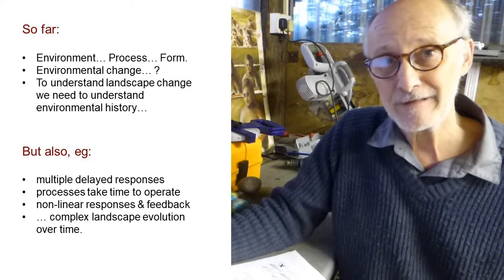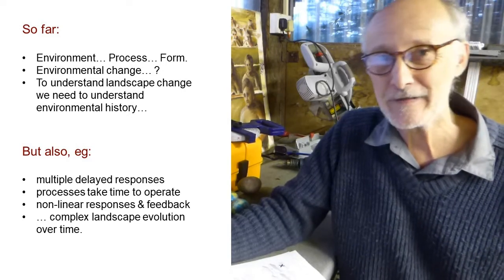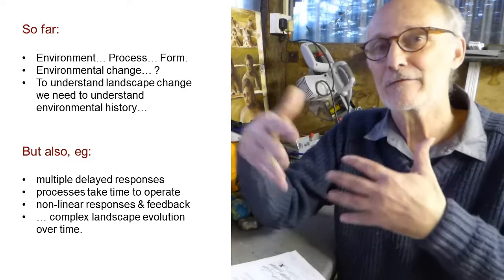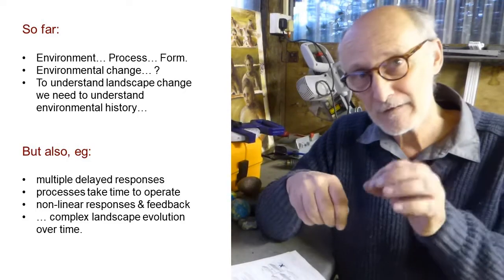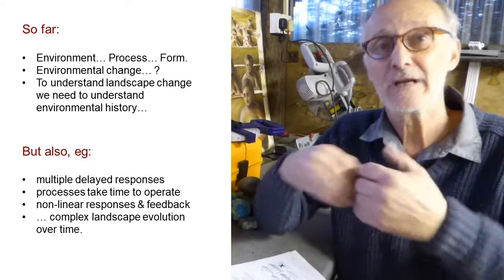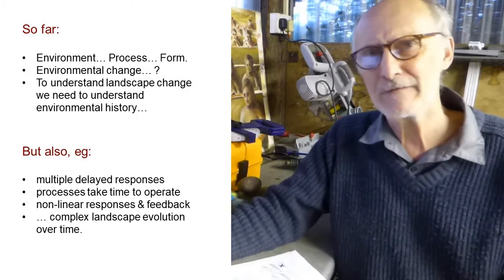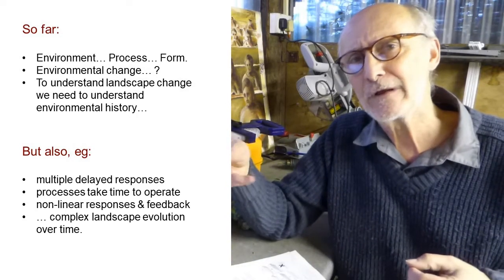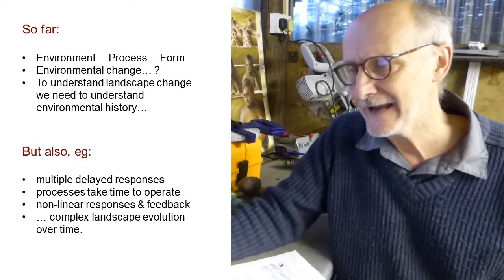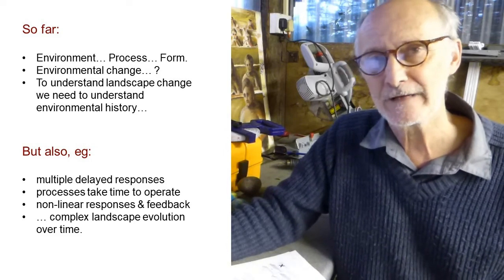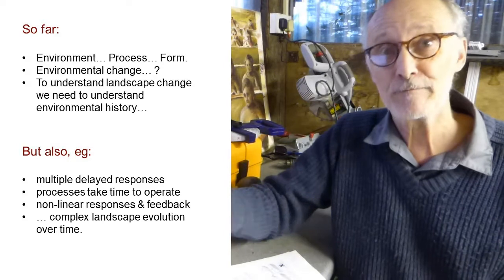Some of those responses aren't linear. It isn't necessarily the case that a small impact leads to a small response. Sometimes a very small impulse of change can lead to a very big response, and sometimes a massive change in the driving factors can only result in a relatively small change in the outputs. Also, there are often feedbacks.